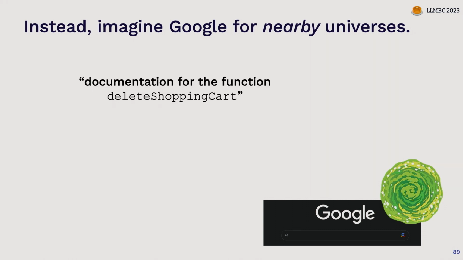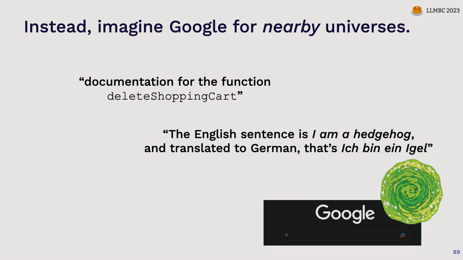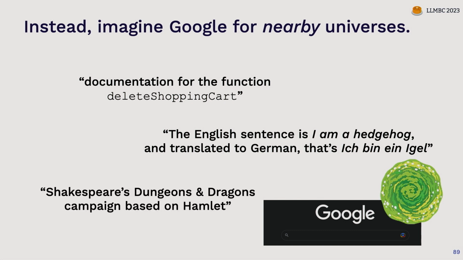So if you search for something like documentation for the function delete shopping cart, or translating an English sentence, or combining different concepts like Shakespeare and Dungeons and Dragons and Hamlet, the model will do a reasonably good job.